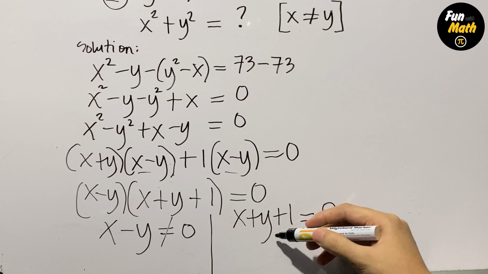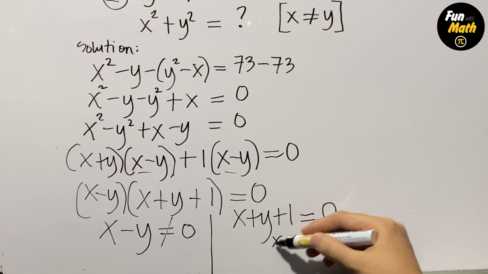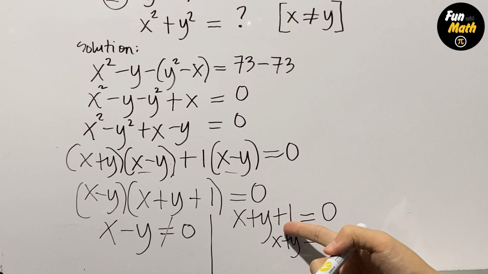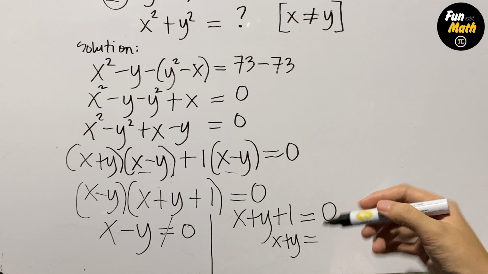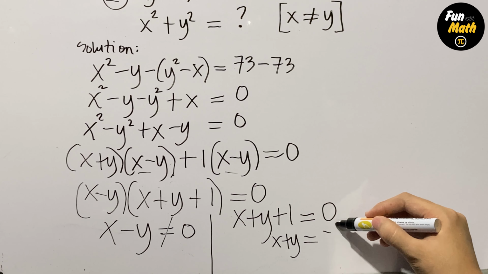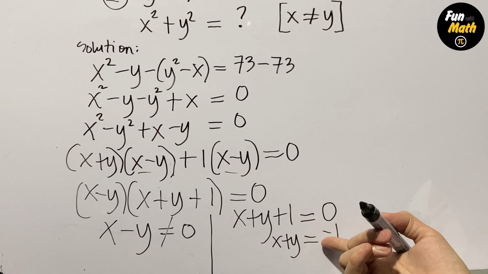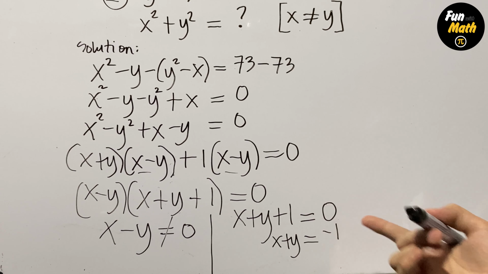Or that is x plus y equals negative 1. We are going to transfer it to the other side, and that is negative 1. So we have the value for x plus y, and that is negative 1.